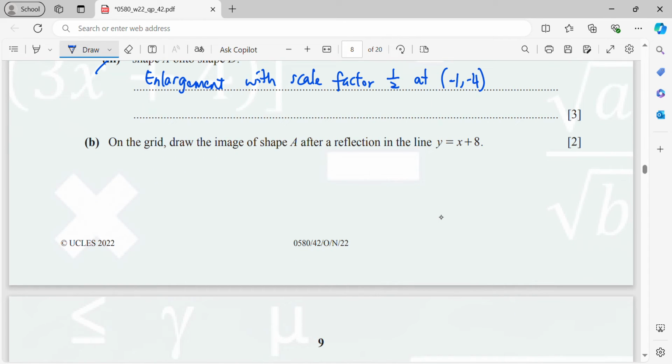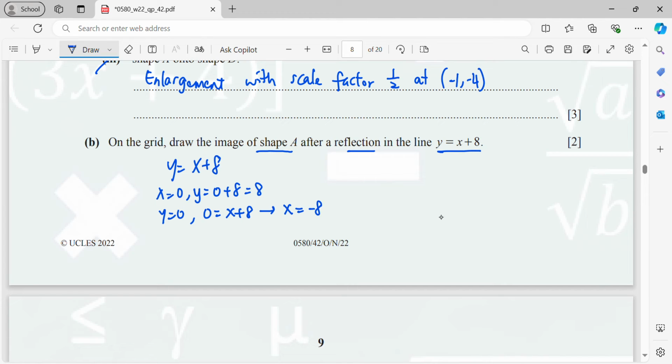On the grid, draw the image of shape A after a reflection in the line y equals x plus 8. When y equals x plus 8, I need 2 points because this is a straight line. When x equals 0, y equals 0 plus 8, which is 8. When y equals 0, x is going to be negative 8. So I get 2 points, with coordinates (0, 8) and (-8, 0).